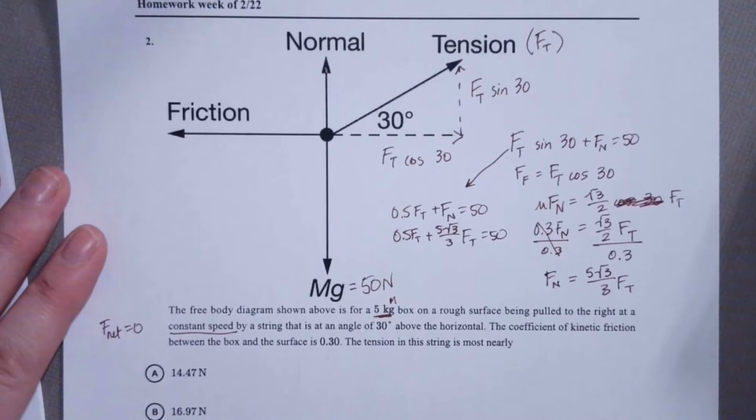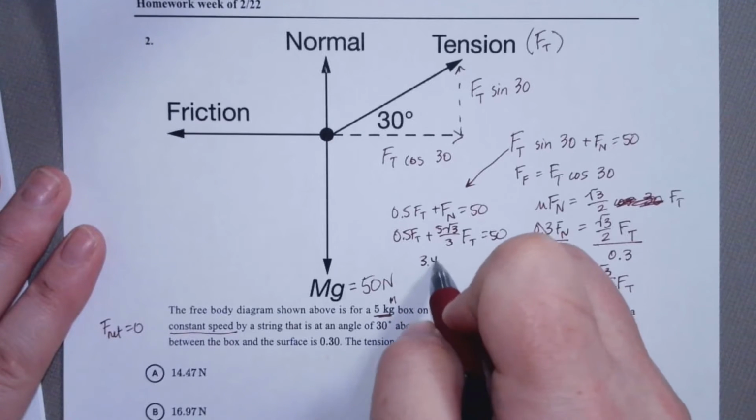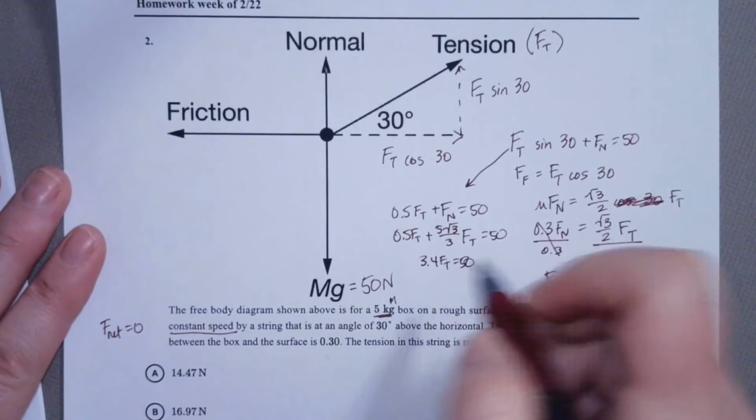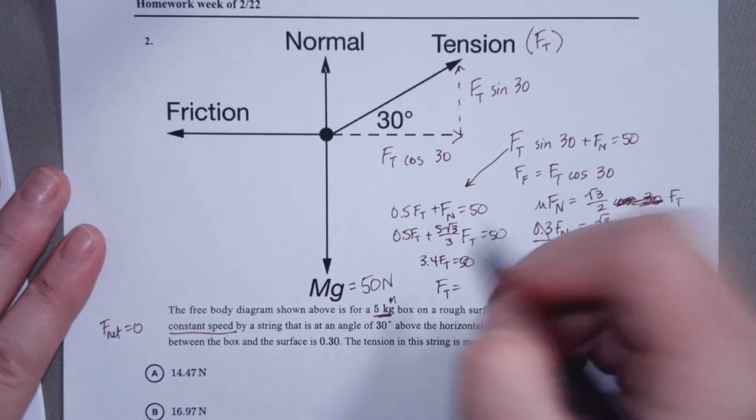So square root of 3 times 5 divided by 3 plus 0.5. So you end up with about 3.4 Ft equals 50. So when you divide that out, you get about 14.76.